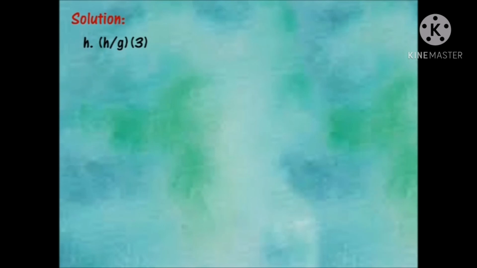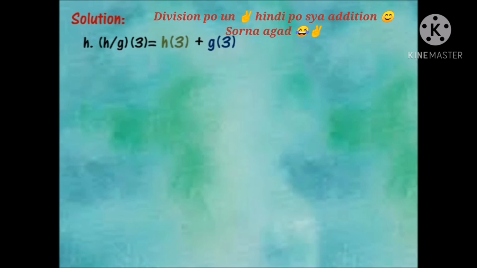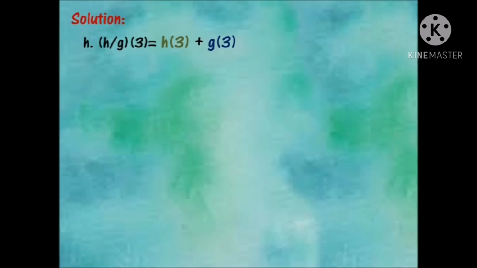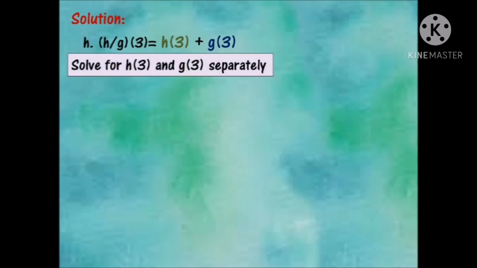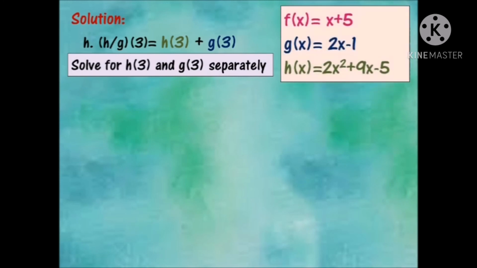Okay, next, division. H over g of 3 is also equal to, that is a division, h of 3 divided by g of 3. So, solve for h of 3 and g of 3 separately. Ayun yung given function natin. Then, h of x is equal to 2x squared plus 9x minus 5.